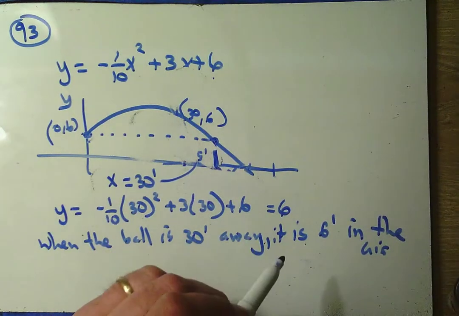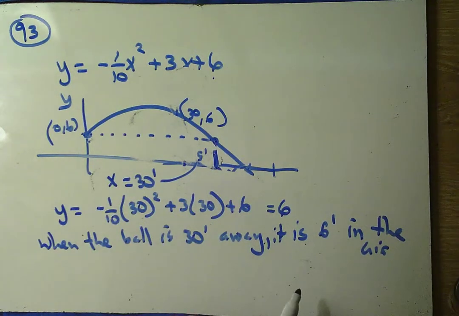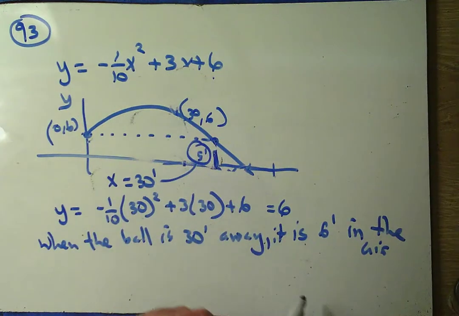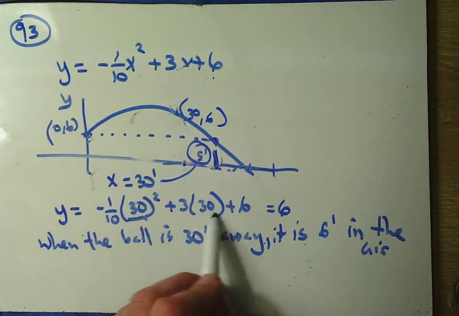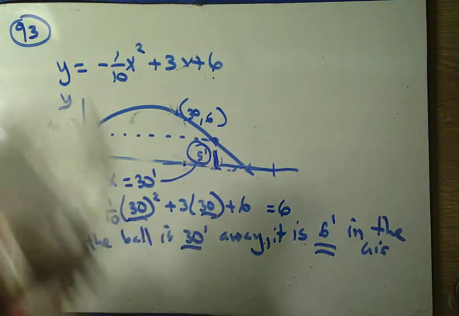But maybe not, because it's not at 5 feet. So I'll let you choose whether you think the child will be able to catch that ball at 6 feet high, even though they're 5 feet, or not. But I do know that when the ball is 30 feet away, the ball is going to be 6 feet in the air. Okay? So that's all we had to do for 93. Let's see what the next problem is.